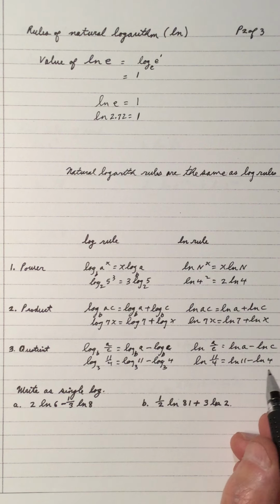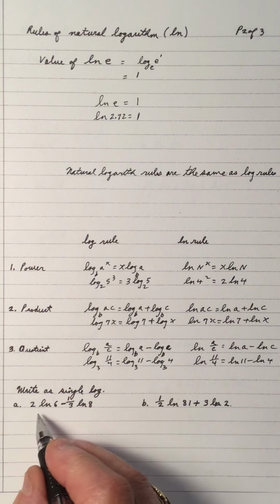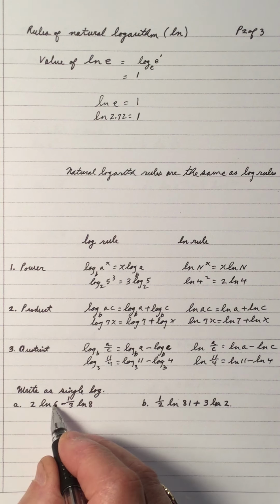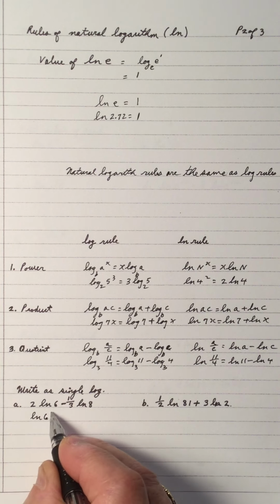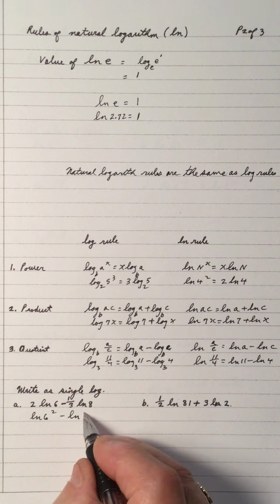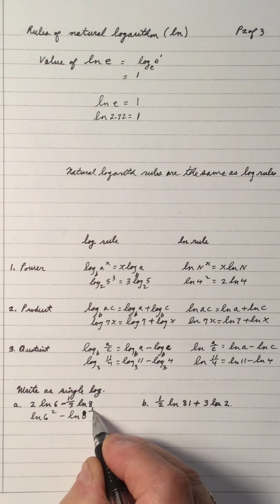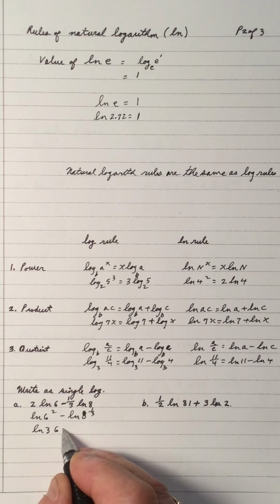Now let's write as a single log. Let's do some extra practice mixing them up. If we have a number in front of a ln, so it goes ln 6 squared. Ln, number in front, goes to the power. So that's 8 to the 1/3. So that's the ln. 6 squared is 36.